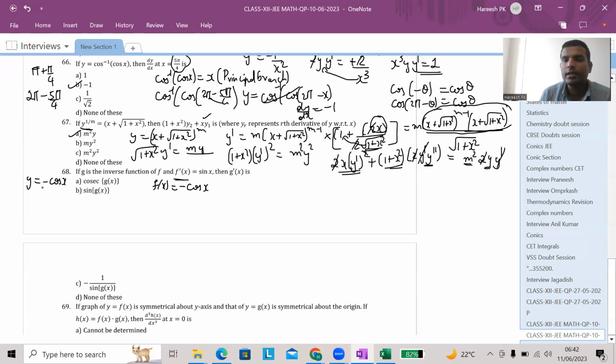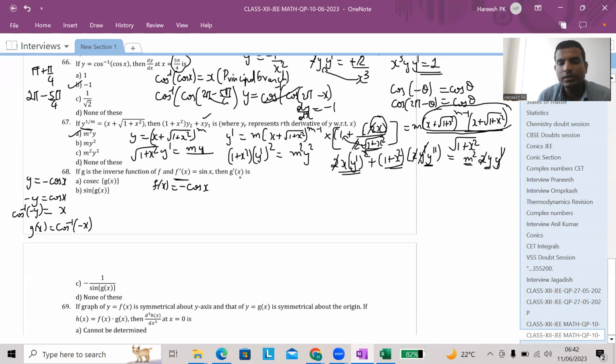So if I try to take the inverse, I'll get minus y equals cos x, or x is equal to cos inverse minus y. So this is my g. So what is g of x? G of x is cos inverse minus x.